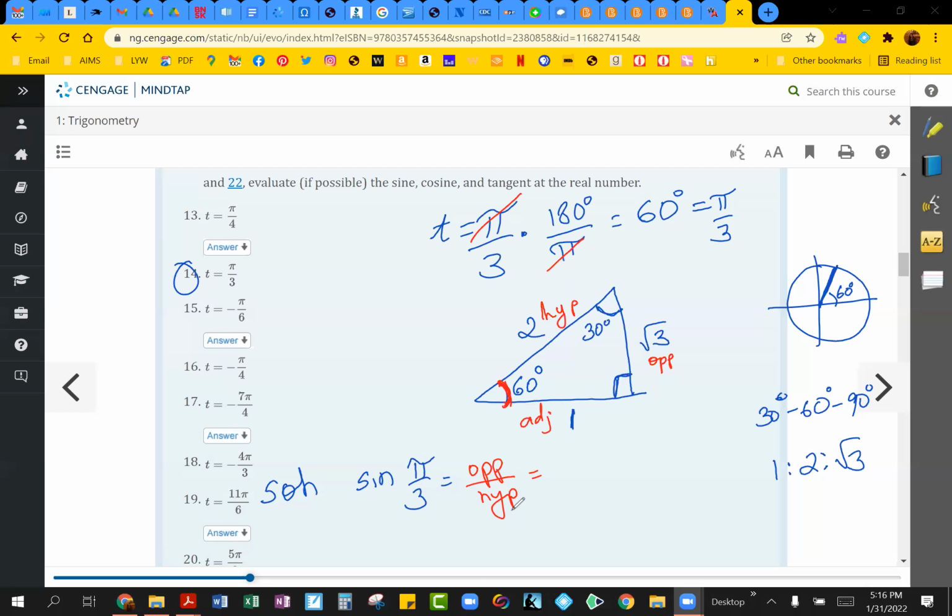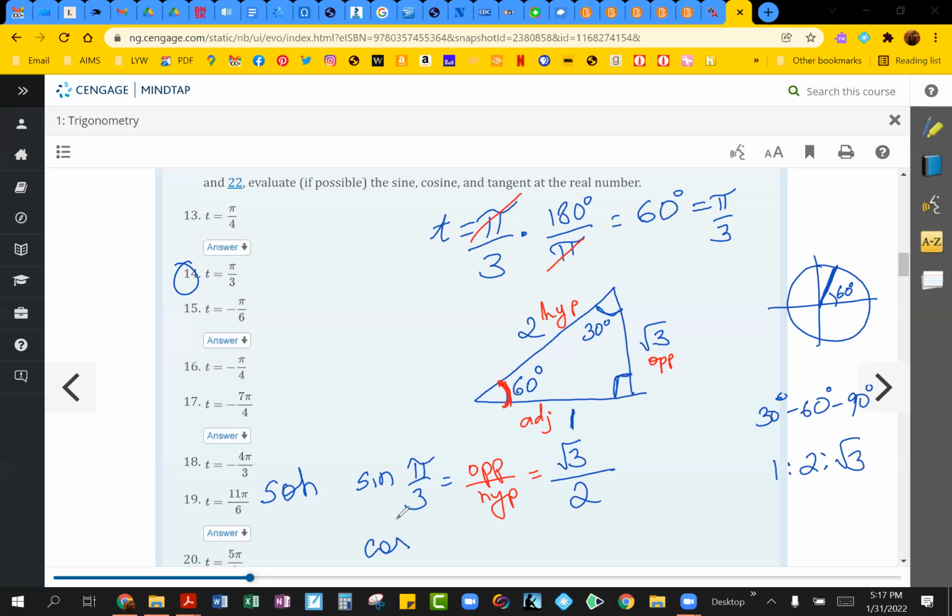Alicia, I'm guessing you meant to say square root of 3, but that looks good. Lucy, that looks good. Yeah, very good, Alicia. So your opposite side is the square root of 3. Your hypotenuse is 2. And that's literally all we have to do. Opposite over hypotenuse. Now, remember, if that square root was in the denominator, we would rationalize it. Otherwise, you don't have to worry about it. So this guy is good to go.